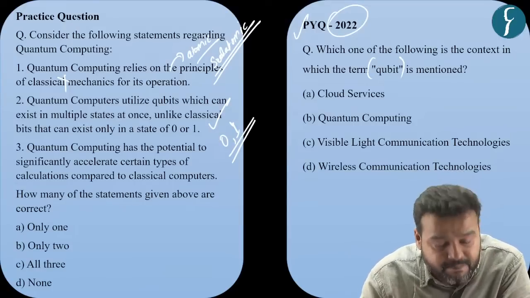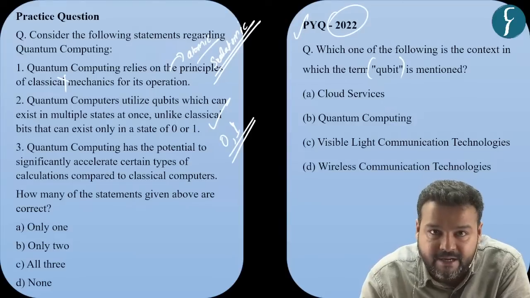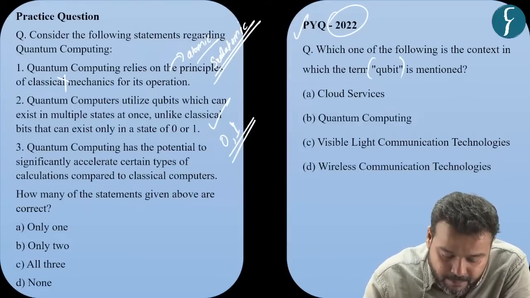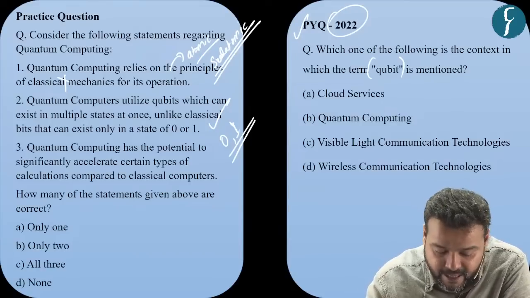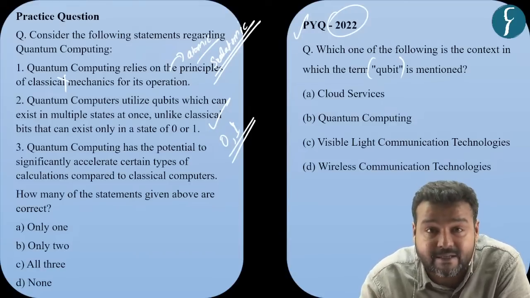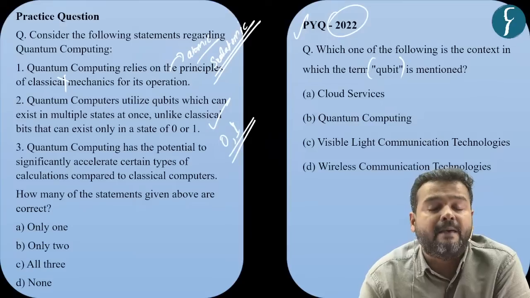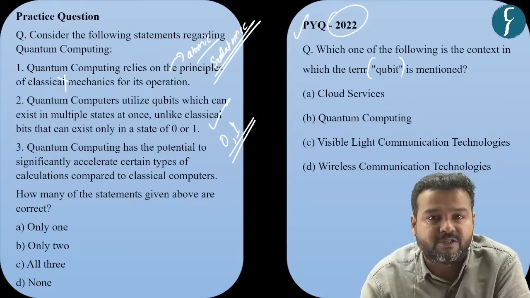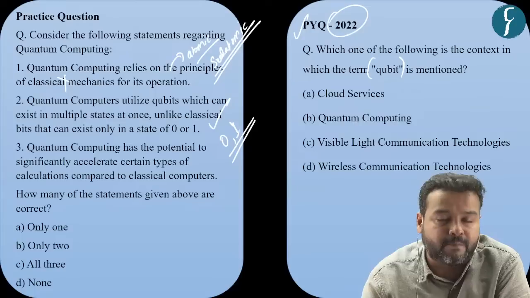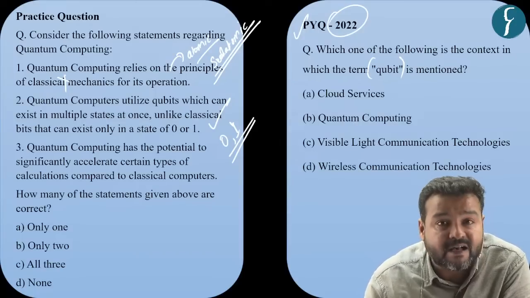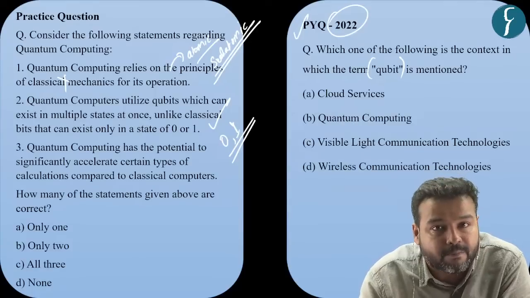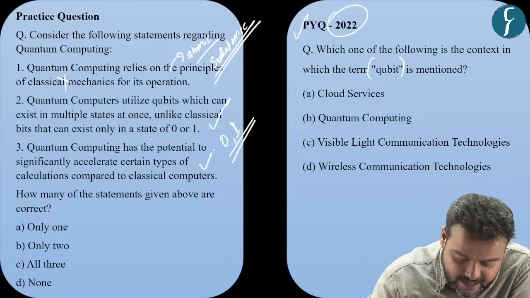The third statement, related to the second, says that quantum computing has the potential to significantly accelerate certain types of calculations compared to classical computers. Now, this ability to do simultaneous calculation is one of the factors which contributes to the faster operation of quantum computers. So again, this statement is correct.